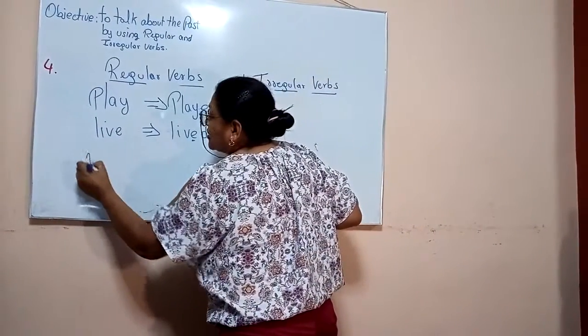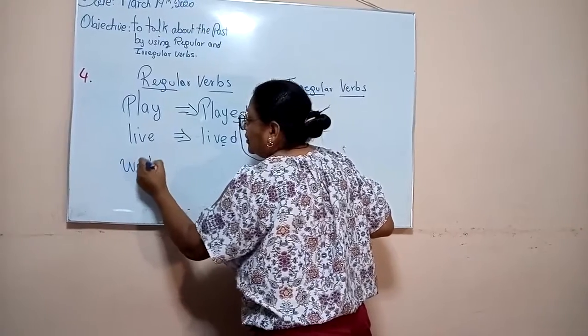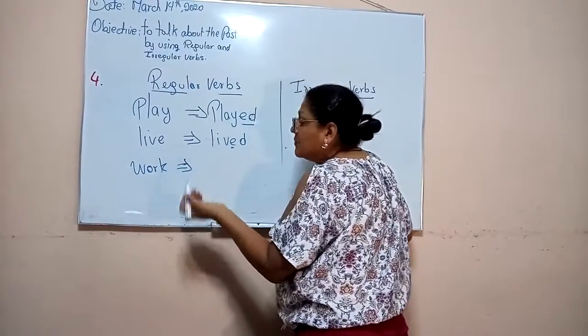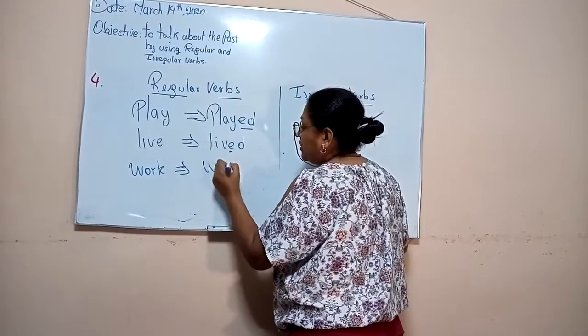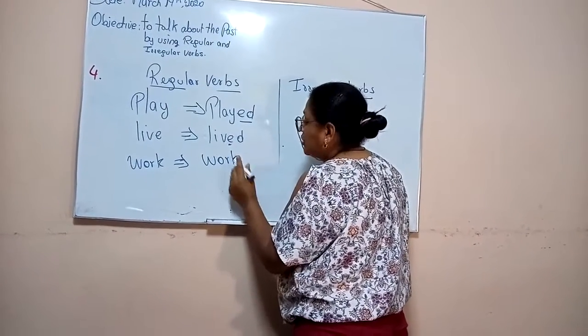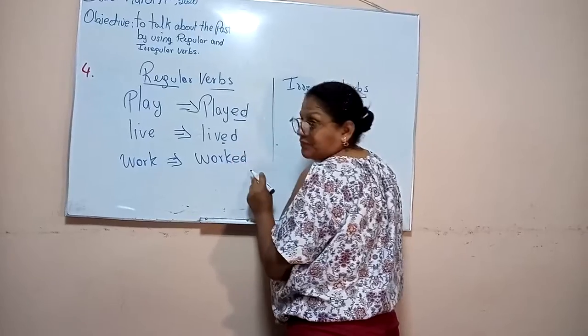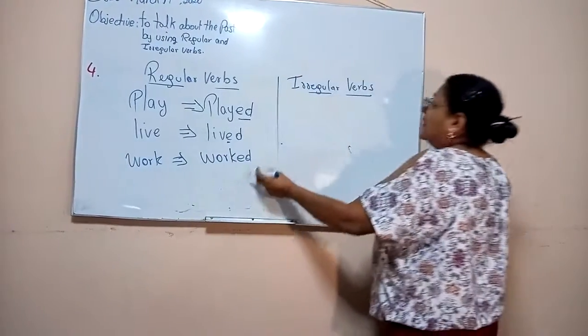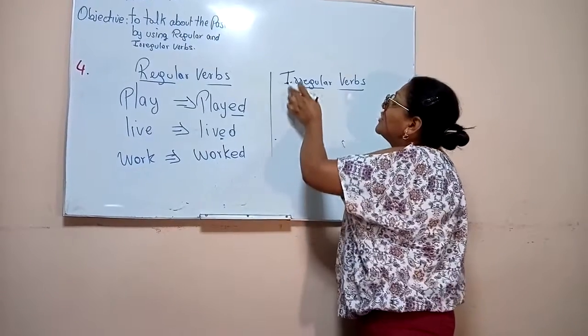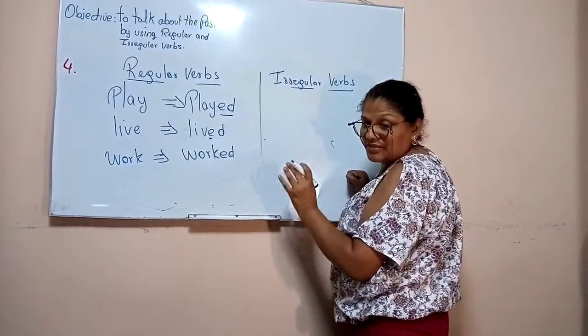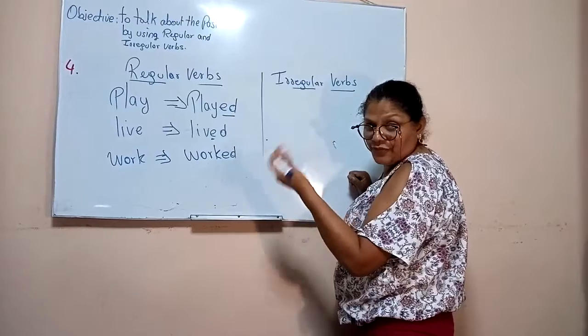Another one, for example, work. When you want to talk about the simple past, you use the word worked. You only add ed after a consonant. But if you use an irregular verb, it means that the verb is different from the infinitive form.